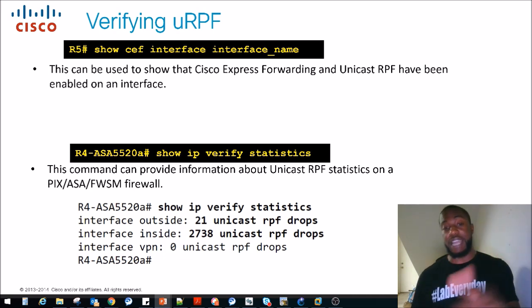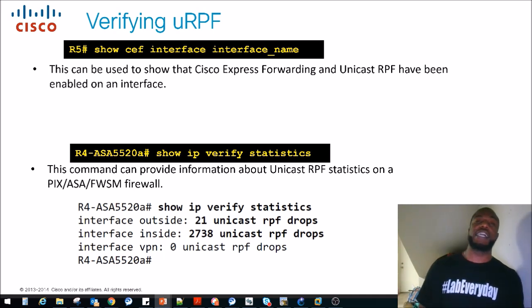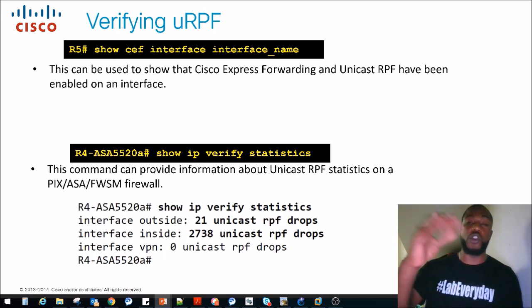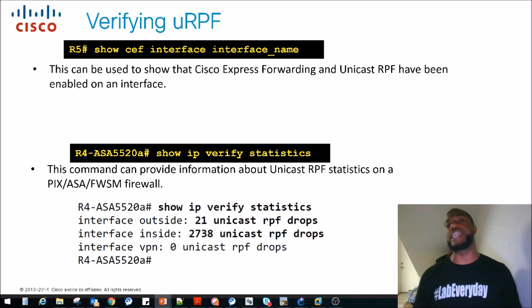So that is one way you can verify it. And again, you could also verify it on a regular router. You just create an ACL for this, and then you can see the packets being dropped. And you could also log it by adding the log keyword at the end of your ACL.